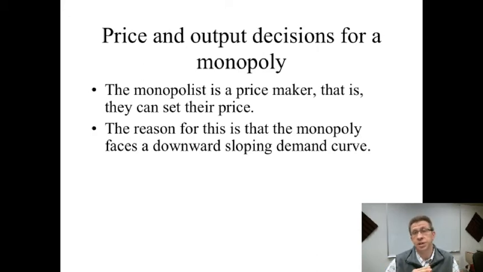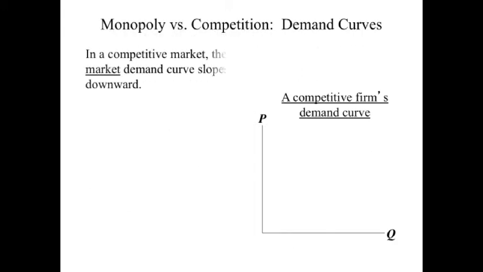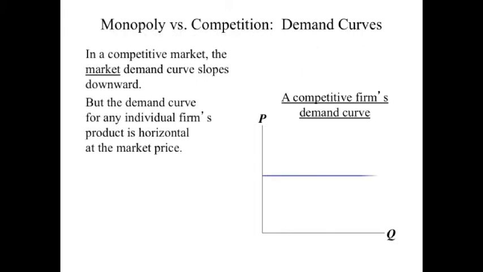That means the monopolist is not just choosing a quantity and the price is always the same, right? If you sell more, the price drops. If you sell less, the price increases because there's a demand curve for the product. And as a monopolist, you control the entire market. So, perfectly competitive firm faces a flat demand curve, whereas the monopolist faces a downward sloping demand curve.